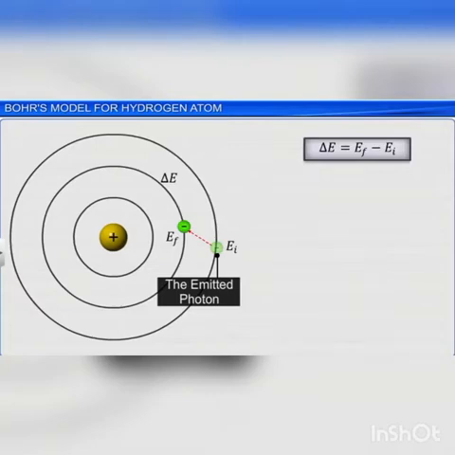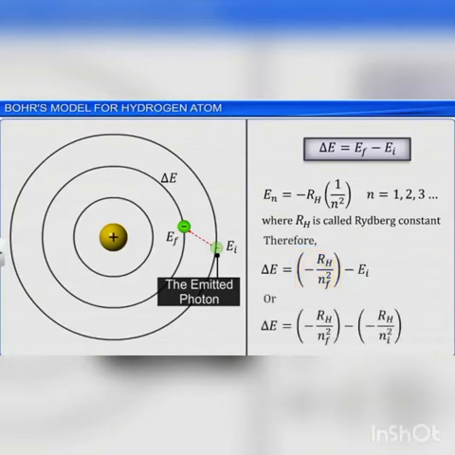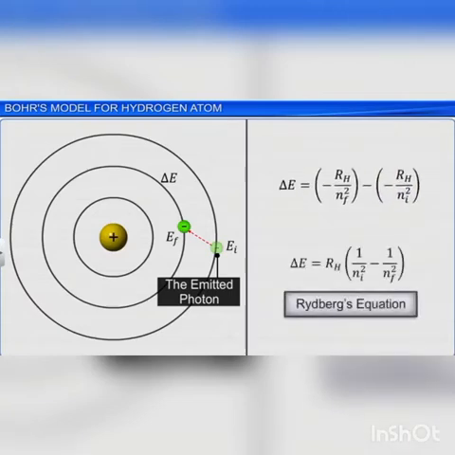Since the energy of a stationary state is given by the equation En is equal to minus Rydberg's constant multiplied by 1 divided by n square, we can substitute E final in the energy change equation by minus RH divided by N final square and E initial by minus RH divided by N initial square, to get an equation similar to the expression used by Rydberg.